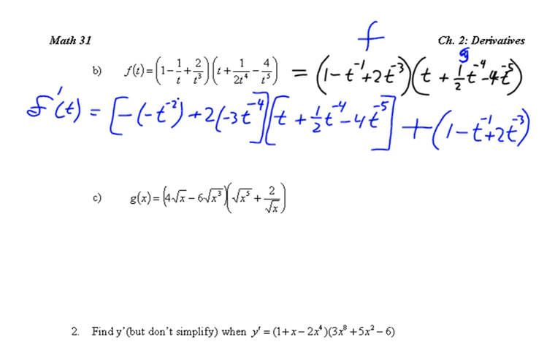The derivative of g would be 1 plus half, brackets, negative 4t to the negative 5, and then negative 4 times the derivative of t to the negative 5, negative 5t to the negative 6.